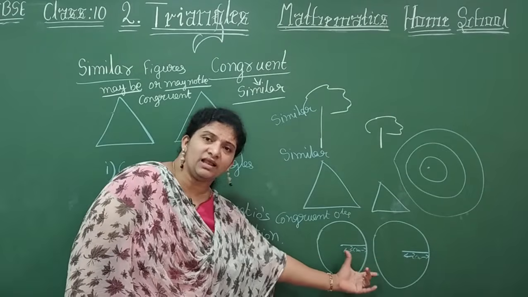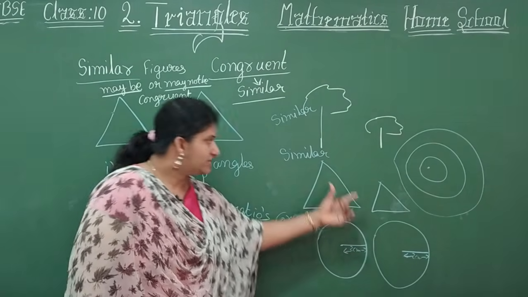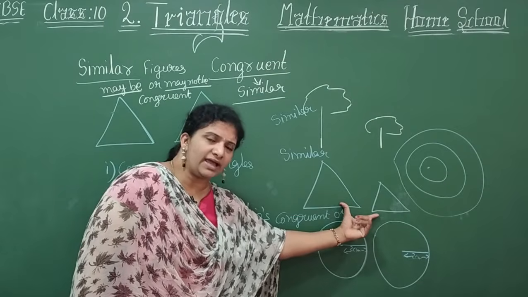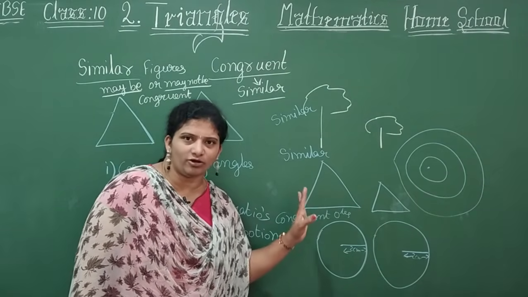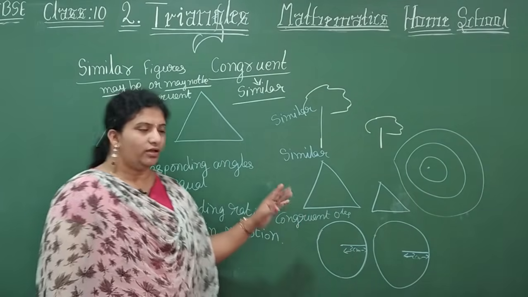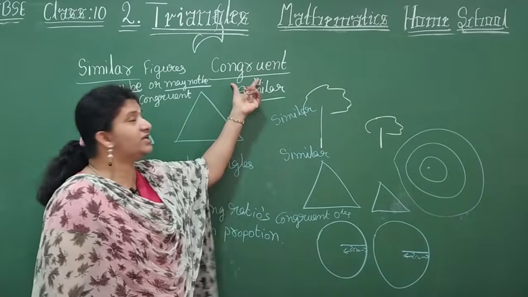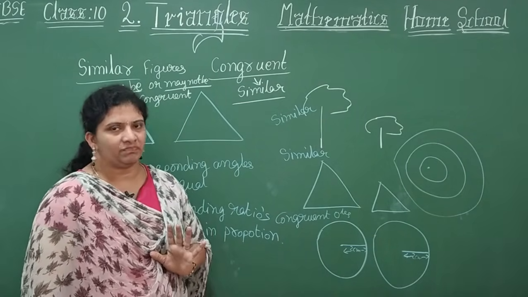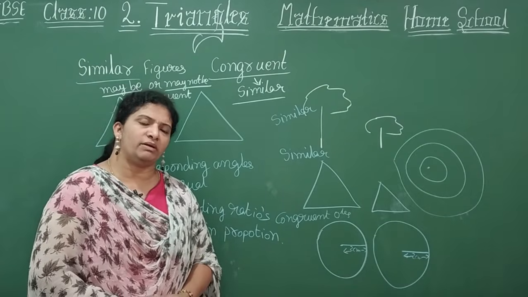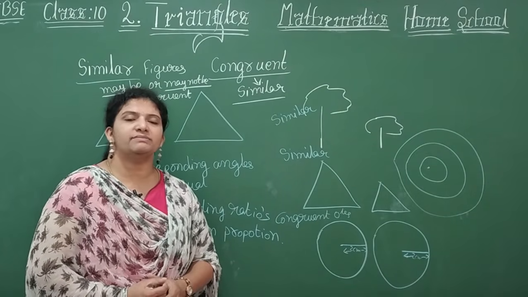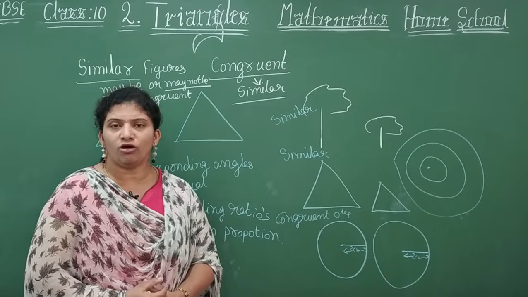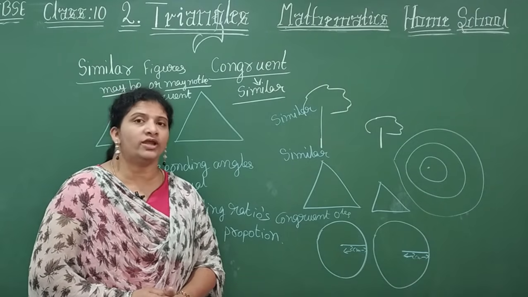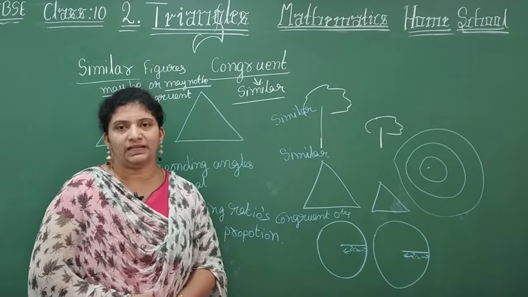Observe these two triangles: they are similar, but they are not congruent. But all congruent figures will be similar. What is the statement you need to remember here? All similar figures need not be congruent, but all congruent figures are similar.